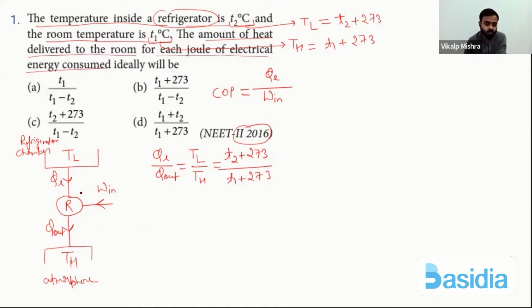Now here we can write QE plus W in is equal to Q out.